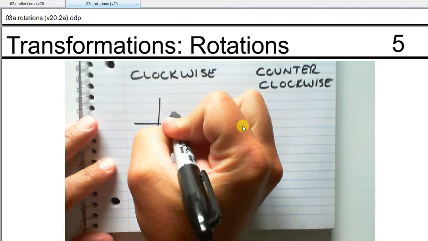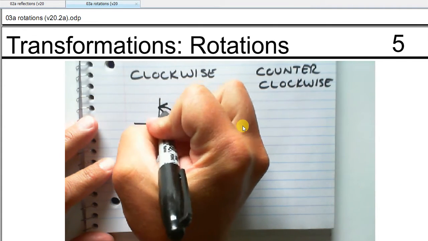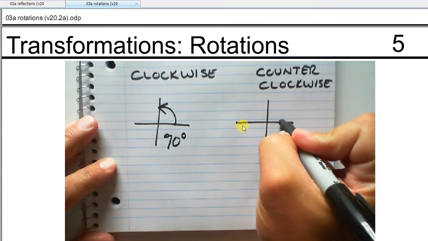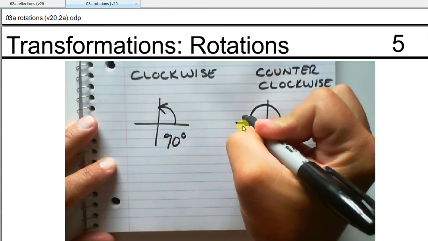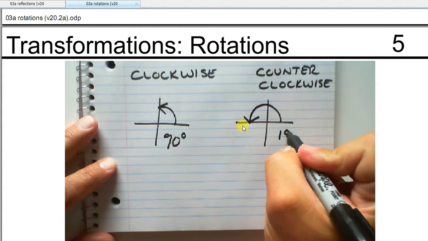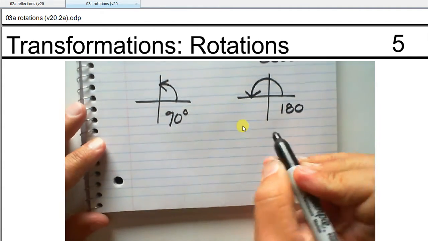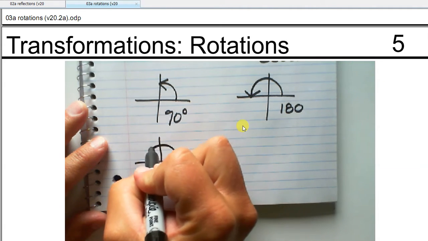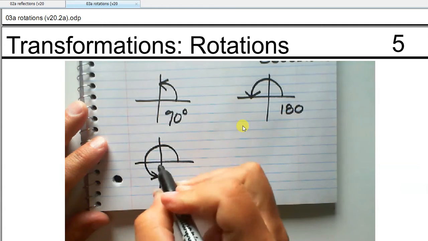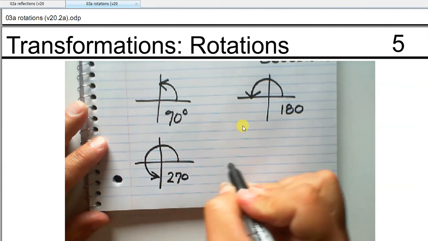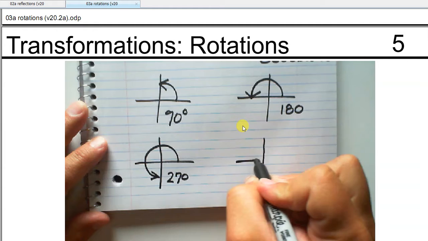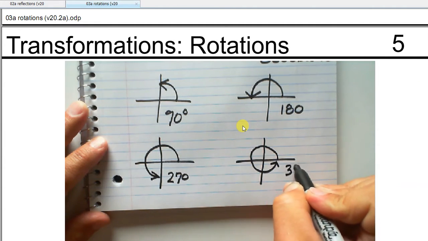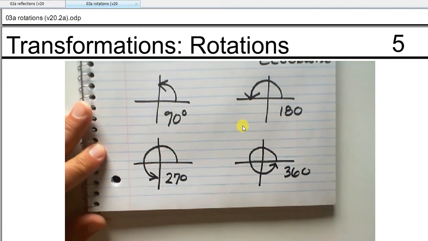So when something just goes that far, that's 90 degrees. That far is 180 degrees. This is 270. And 360.